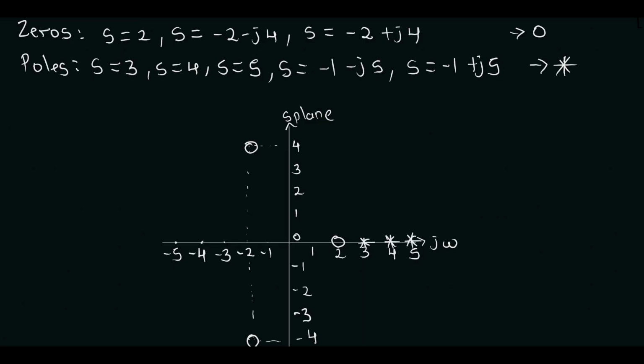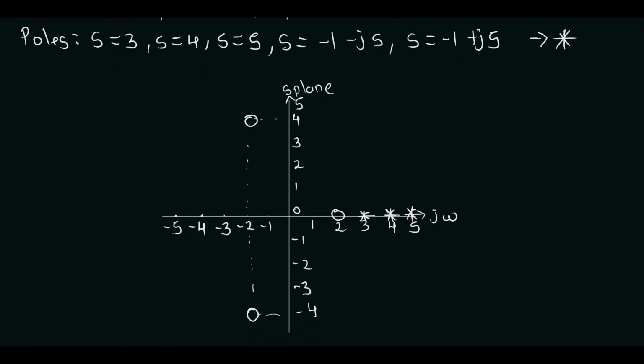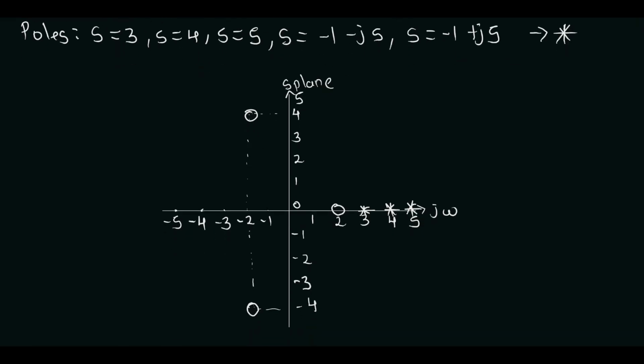Then we have s equals minus 1 minus j5. I forgot to add j5, minus 5. So we'll trace it here.